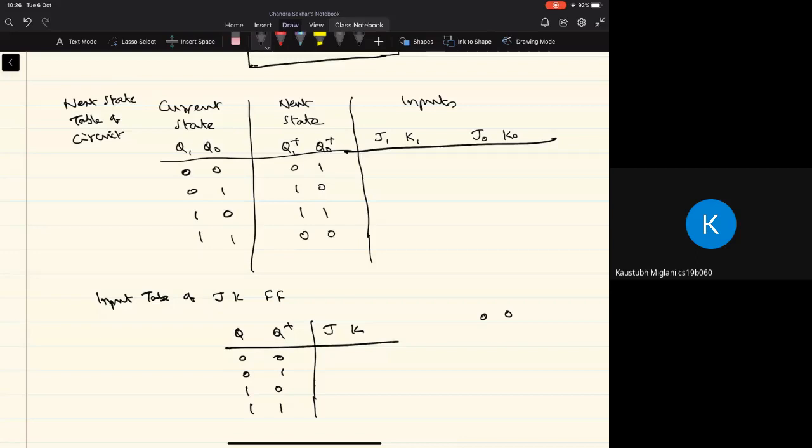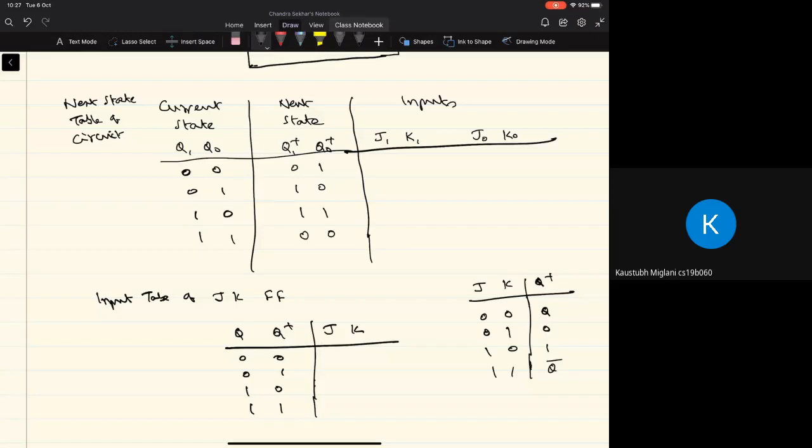Maybe let me give you the excitation table of the JK flip-flop. You remember from our earlier discussion that this is what is called the excitation table of the circuit.